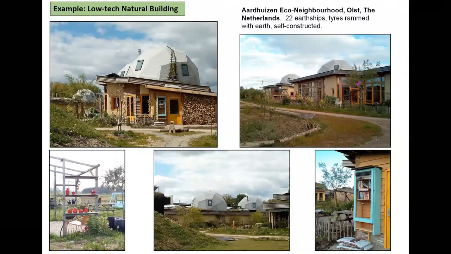It used old tires rammed with earth for the construction, along with solar passive heating for winter. It has some underfloor heating. Some of the houses do anyway, or mud-covered rocket stoves, as we saw also in the last slide. Some of them have quite luxurious bathrooms with mosaics and baths and double hand basins.